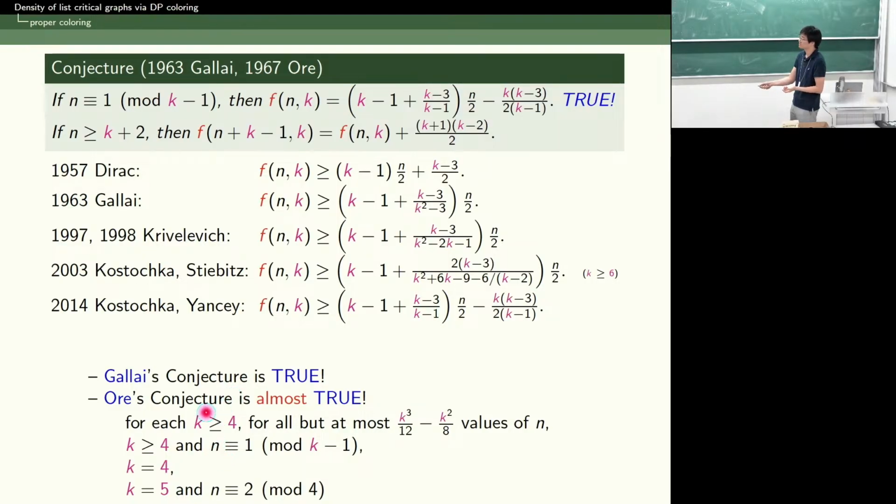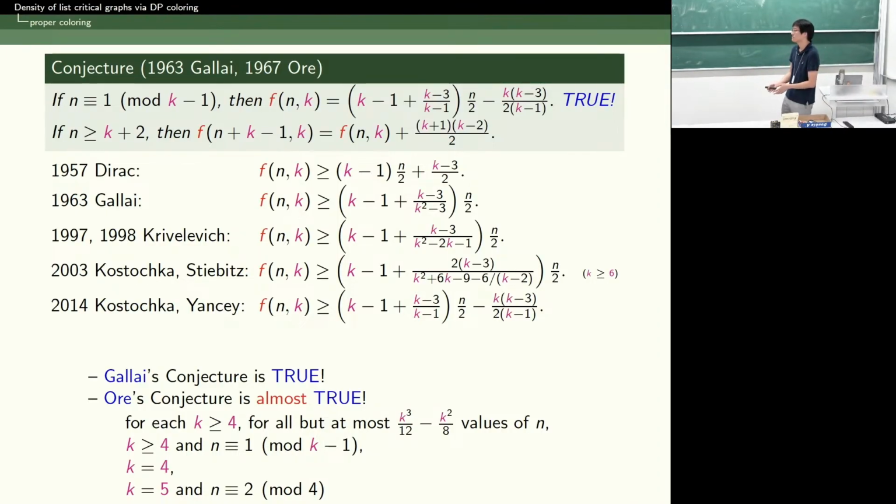So Ore's conjecture is almost true. This is actually the title of their paper. They were also able to prove Ore's conjecture when k is exactly 4, or when k is 5 and the number of vertices has a certain parity.